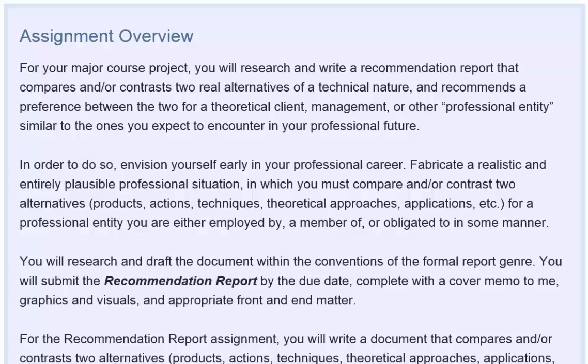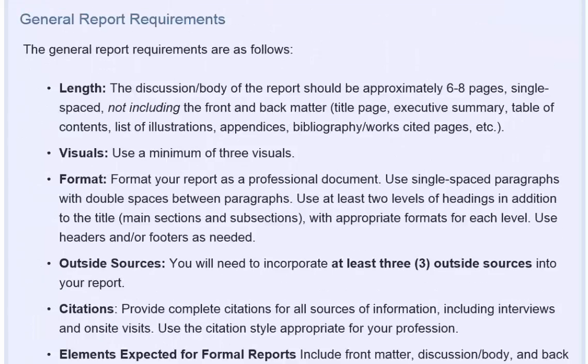So imagine that you are working in your chosen field and there is some problem at your workplace that you are poised to help solve based on your expertise and your area of knowledge. You will be researching two potential solutions to this problem and ultimately recommending one solution over the other in this report.